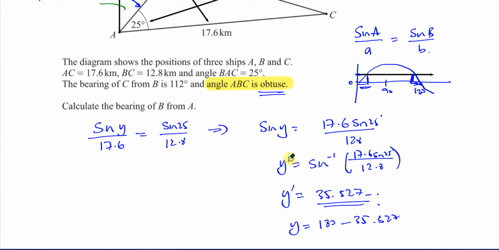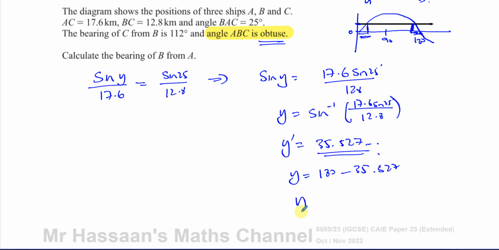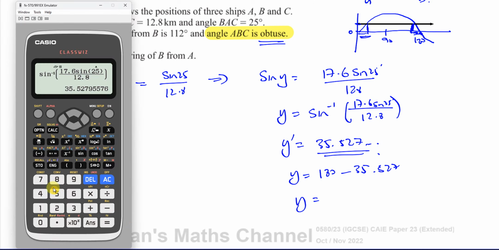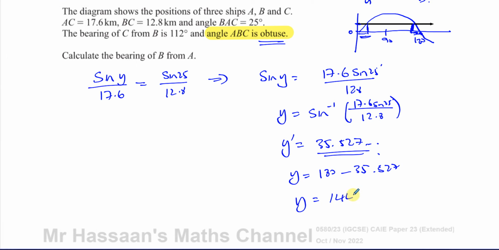The actual y we're looking for is going to be this one. So we take our answer and do 180 minus the answer, keeping it in exact form. That gives you 144.472. Don't round anything yet. Leave it to a higher degree of accuracy than you need.